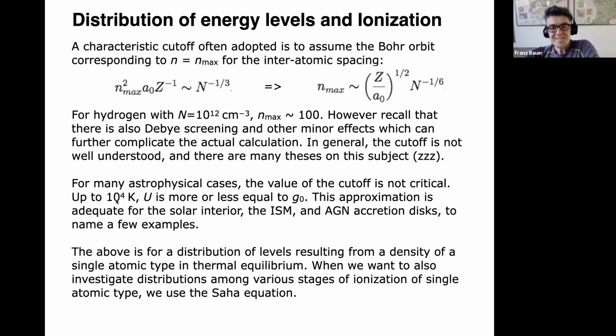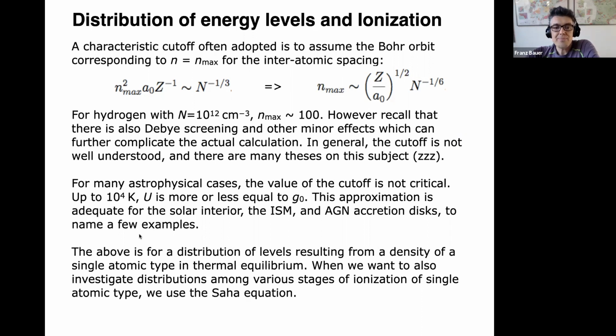And of course, at 10 to the 4, this is going to be pretty decent for a fraction of the solar interior, the ISM, accretion disks of AGN, and so forth, right? So in most astrophysical cases, we're not dealing with temperatures beyond this. And so we really don't have to deal with more than a few levels of the atom.